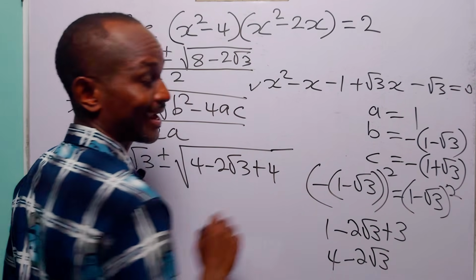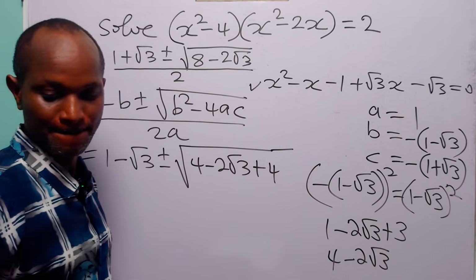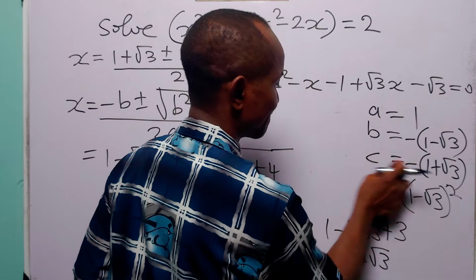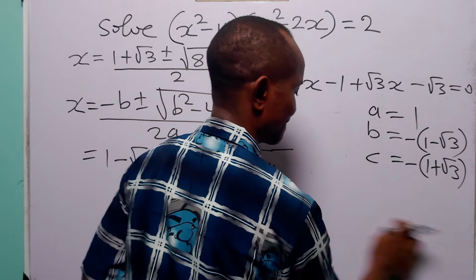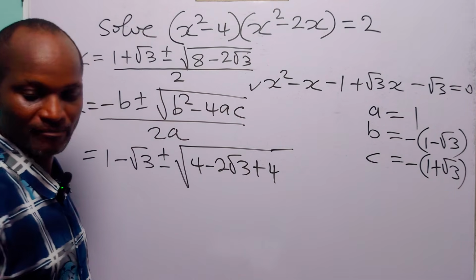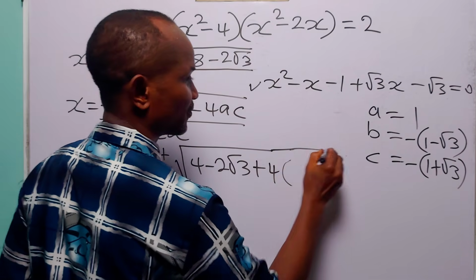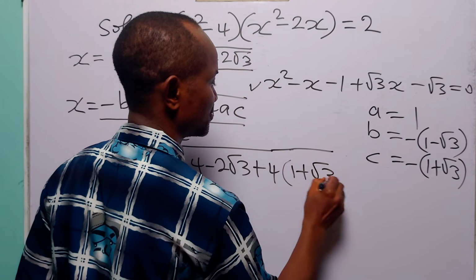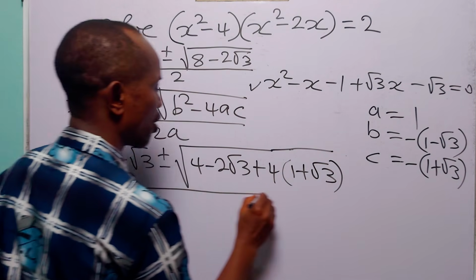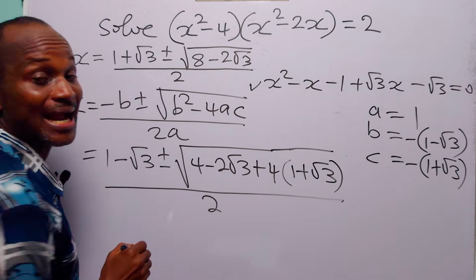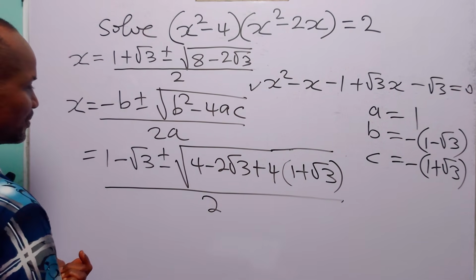We've already taken care of the minus. So here we have 1 plus root 3, all divided by 2 times 1, which is equal to 2.